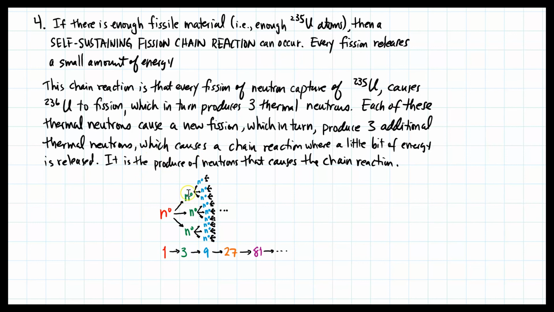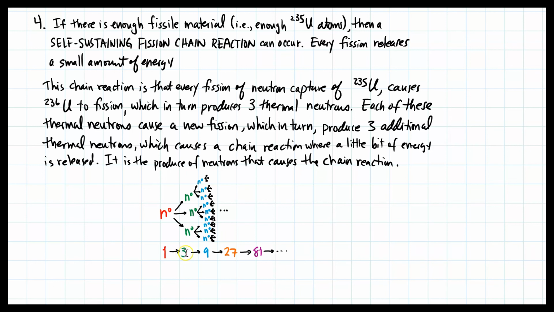So if I look at this green one, when it then hits a uranium-235 nucleus, it produces 3 more blue neutrons. And then that one produces 3, and that one produces 3. So what you're seeing here is that a chain starts to occur. The red neutron produces 3 green ones.